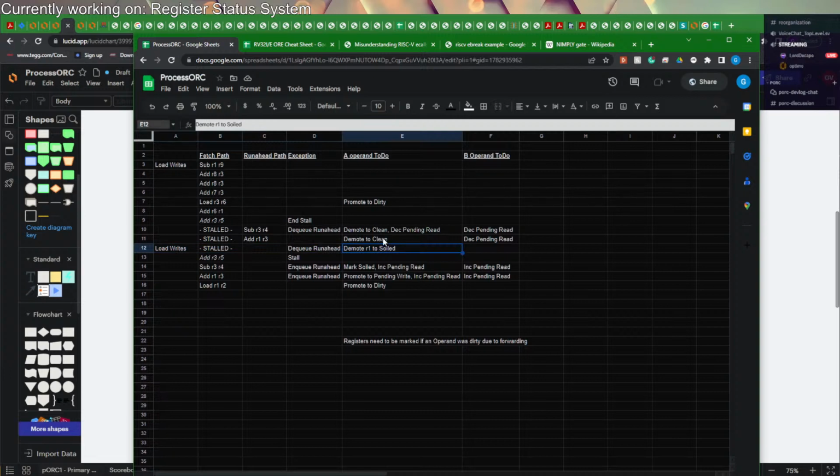I'm trying to think of, is there any time that it can go from to be written to dirty in the same cycle?